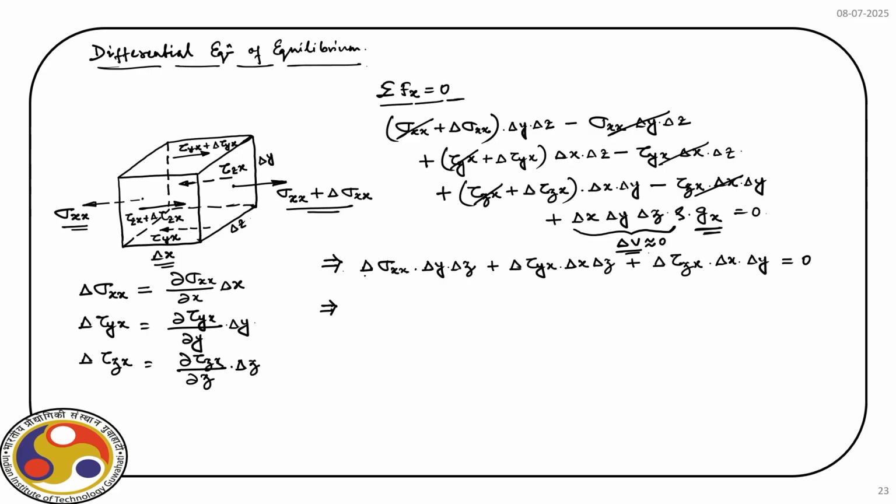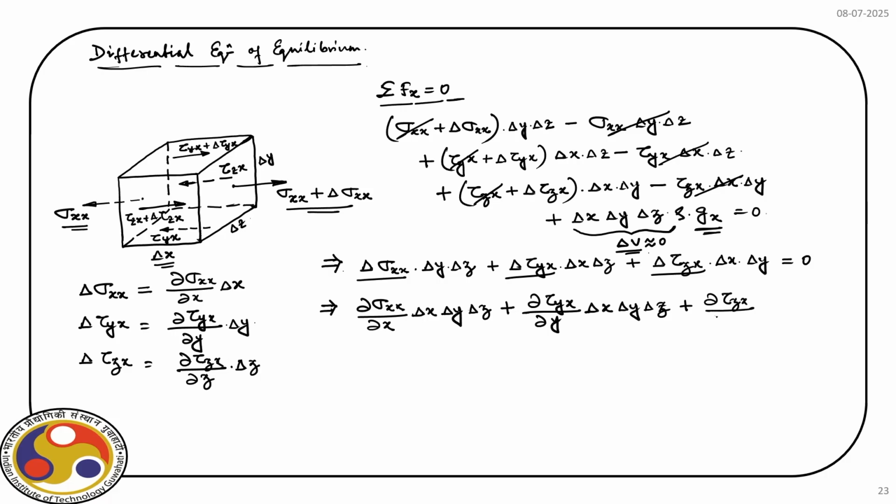Now, if we put the expression of delta sigma xx, delta tau yx and delta tau zx, what we get is differential of sigma xx with respect to x times we have delta x, delta y, delta z, plus, for the second term, we have differential of tau yx with respect to y, then we have delta x, delta y, delta z, and the last component we have differential of tau zx with respect to z, and then again delta x, delta y, delta z is equal to 0.